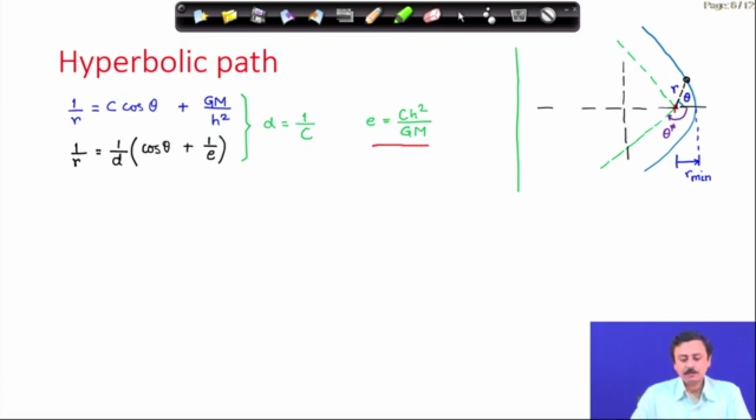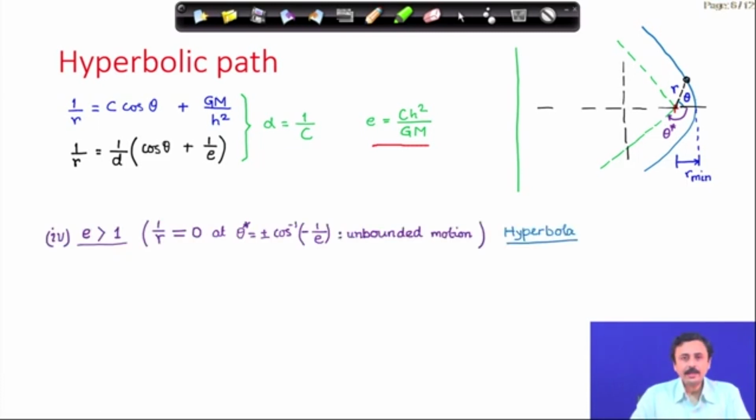Next we have the hyperbolic path, which is obtained for eccentricity e greater than 1. Here 1 over r can go to 0 for certain values of theta which are less than pi and greater than minus pi, as shown in this diagram. The reason is that e is now greater than 1, therefore 1 over e is less than 1, and therefore cosine theta will reach the negative of that value for some theta less than pi.